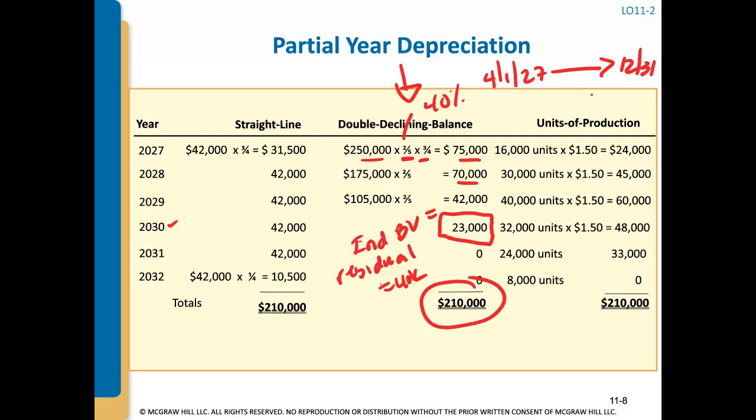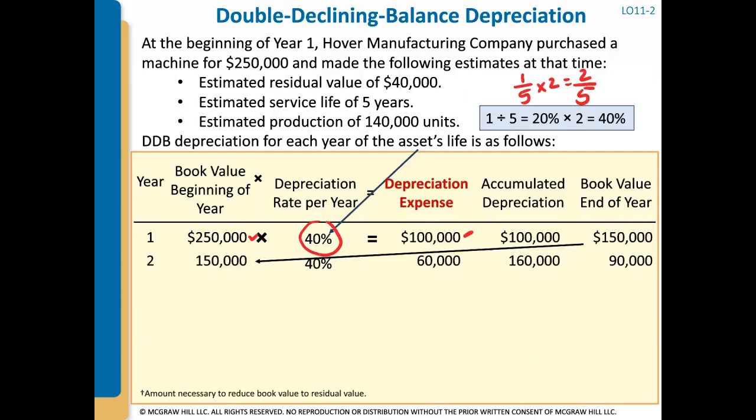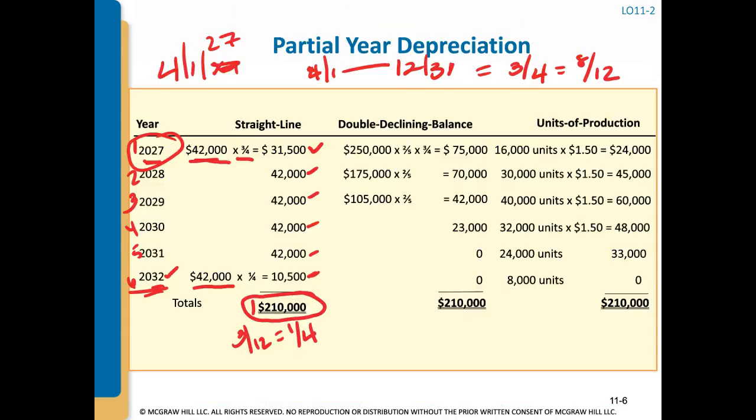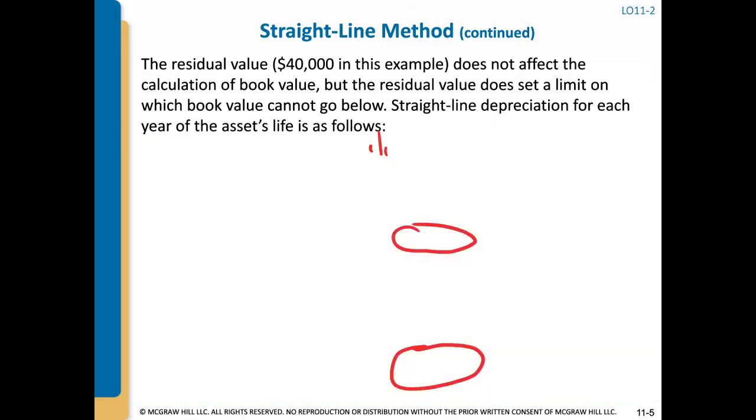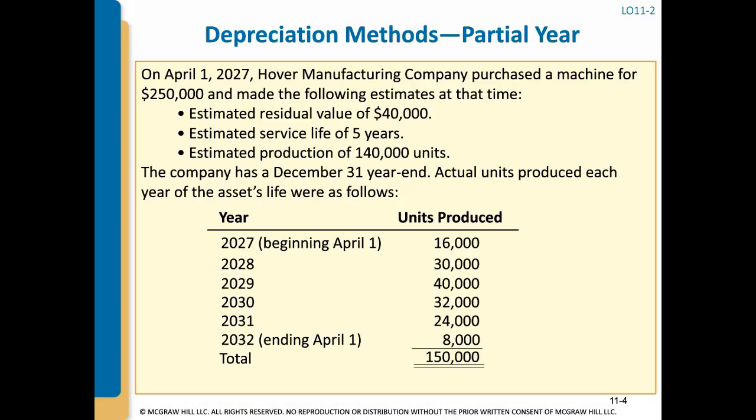Moving on to units of production, when we look at the example, if I go back up here, we acquired this asset on April 1, and from April 1 to 12/31, we produced 16,000 units.